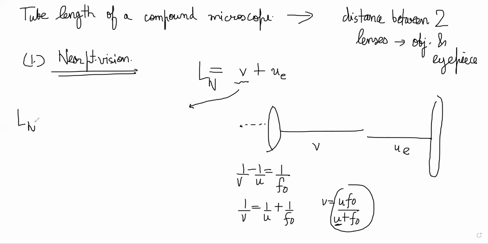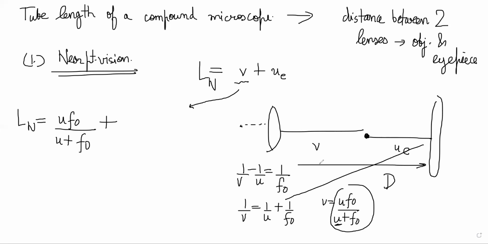So the length is U F naught by U plus F naught plus, now we have to find out UE. How do we find out UE? We know that the final image is found at D in this case. So we'll say 1 by V minus 1 by U is equal to 1 by FE, and we need to find UE.